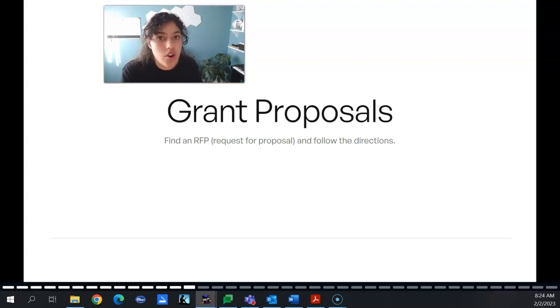And so they'll almost always have an RFI or RFP, those little three-letter acronyms, basically a request for proposal or request for information. And you just follow the directions. It's really just like getting an assignment sheet. They'll tell you what they want to see, what you need to include, how you need to include it, what they expect, and then you follow those directions and they basically grade your proposal to figure out who is going to get the grant.